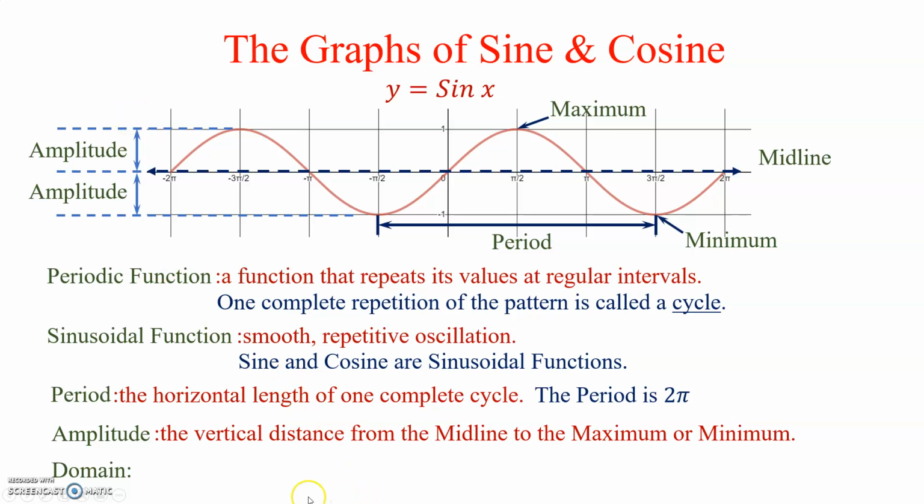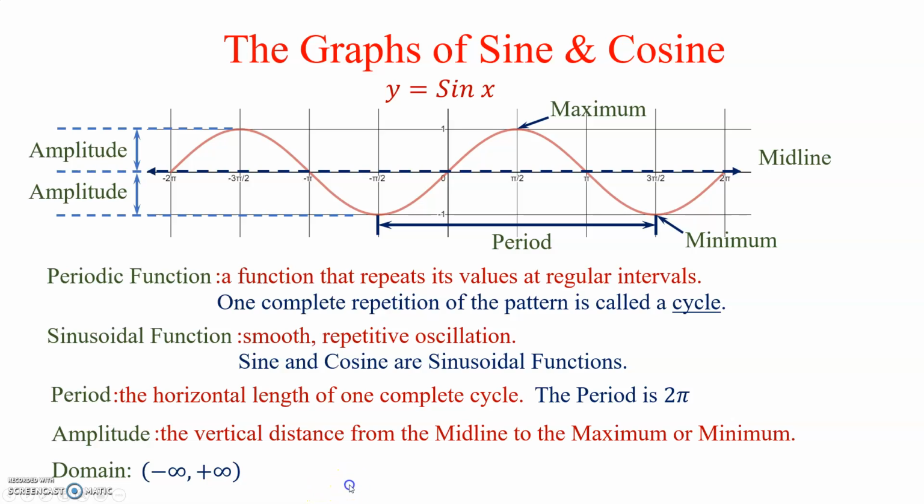I did want to speak on two other aspects of the graph of sine of x. I wanted to speak about the domain. The domain tells you how far left and how far right the graph goes. Well, the graph of sine of x continues forever to the left and forever to the right. So the domain would be all real numbers, or in interval notation, -infinity to +infinity.